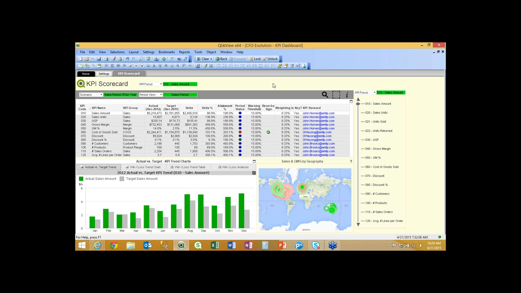So typically on costs, for example, in this case it's cost of goods sold, if your costs are above the target cost that you have, then typically that's not a good thing, and so you want to reverse the sign and make sure that you get your blue, green, amber and red statuses accordingly so that people understand what is good and bad.